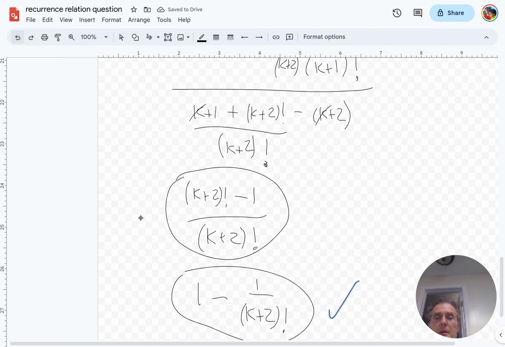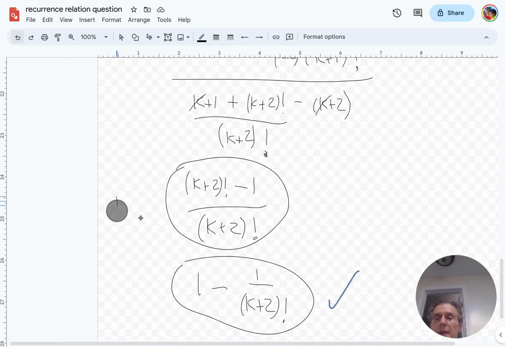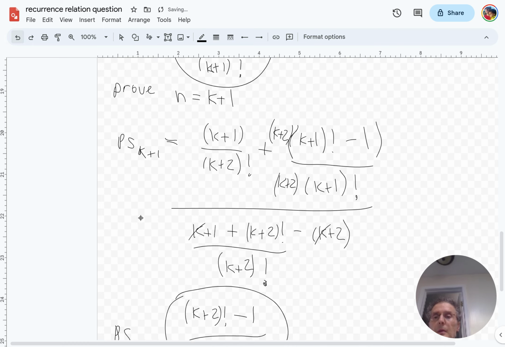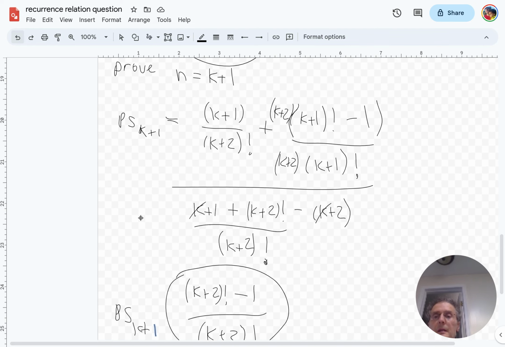Because this is P(S_k plus 1), plus 2, I believe. Let's just double, no, plus 1, I'm sorry. It's easy to get, don't want to mess up the pluses, right? It should end up looking a lot like this.